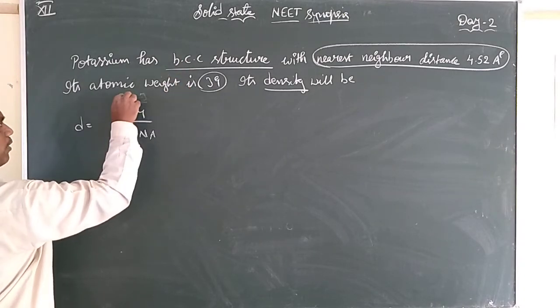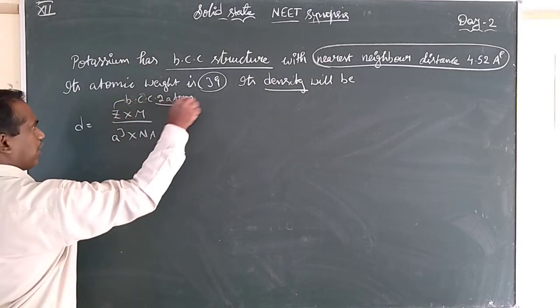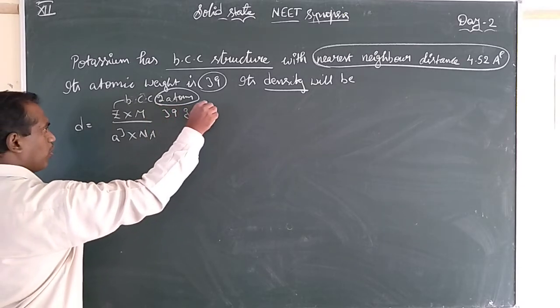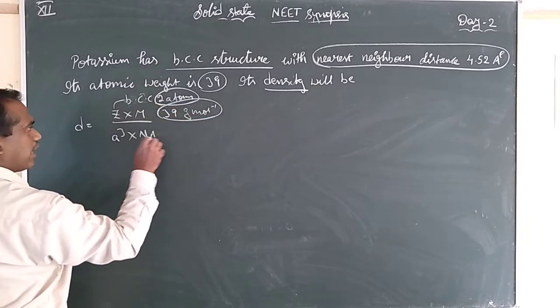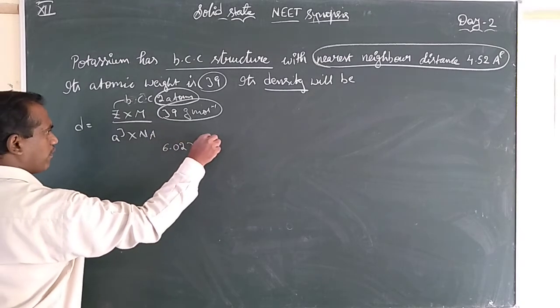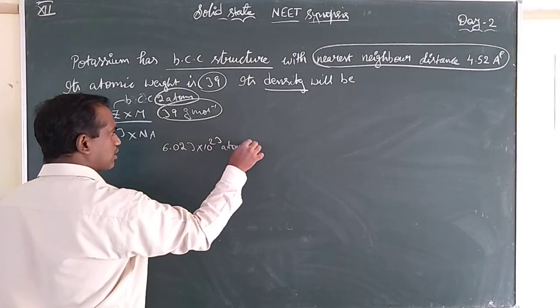BCC is given now. For BCC, number of atoms Z is 2. We will write this point. Molar mass is 39 gram per mole. And Avogadro number you will be knowing, 6.023 into 10 to the power of 23 atoms per mole.